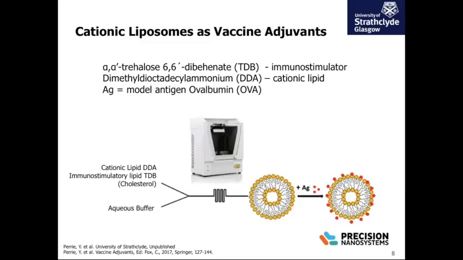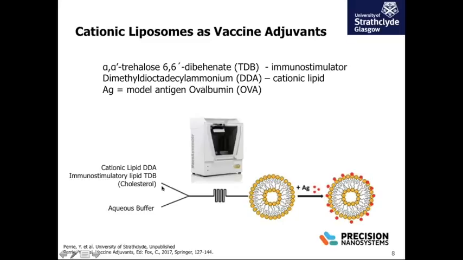And so the idea was to combine this TDB with another lipid, which is a cationic lipid in this case, to then also allow the attachment of an antigen. And in this case, they used the model antigen ovalbumin, which is slightly negatively charged, so it could interact with the DDA.